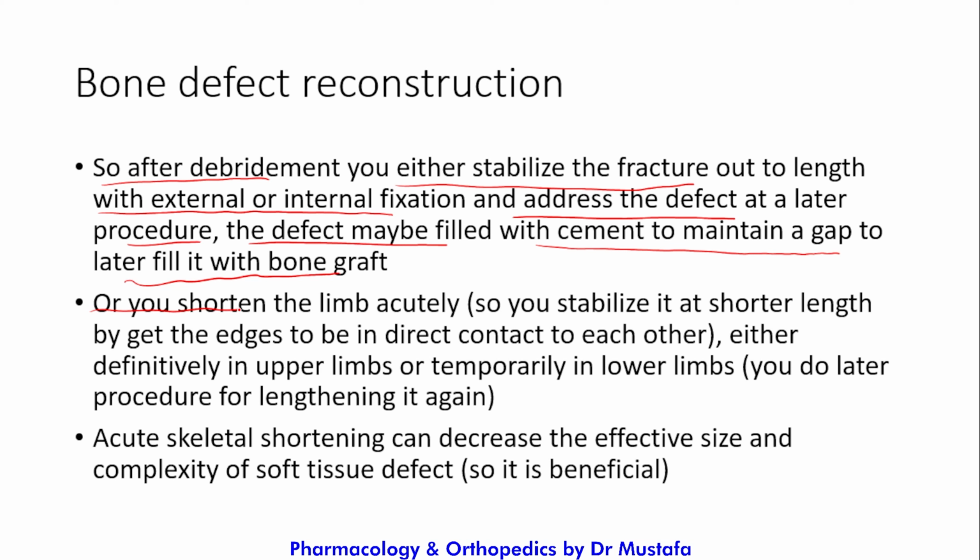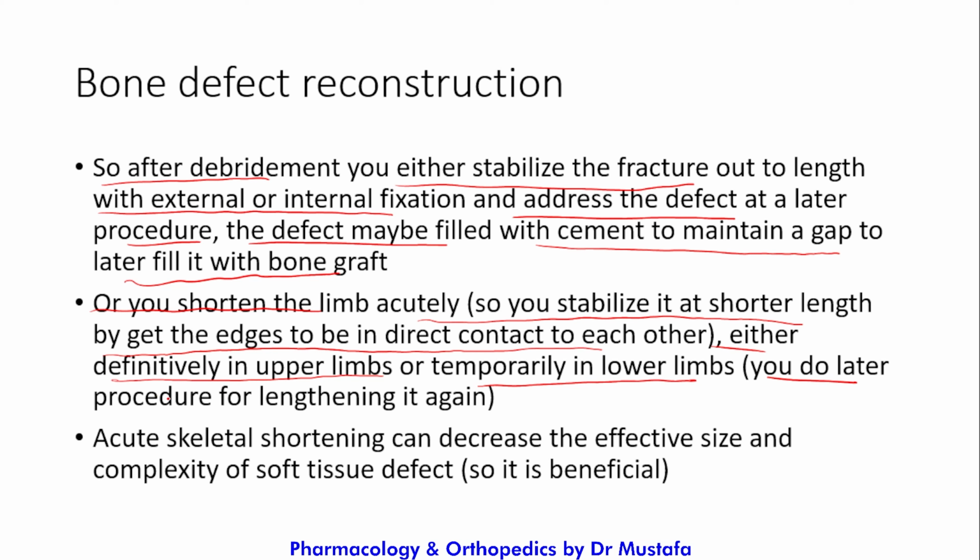Or you shorten the limb acutely, so you stabilize it at a shorter length by getting the edges to be in direct contact with each other, either definitively in the upper limbs or temporarily in lower limbs. So you don't use cement here, you approximate the edges to each other, and you do that definitively in upper limbs, or temporarily in lower limbs.